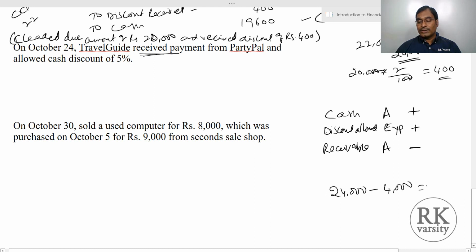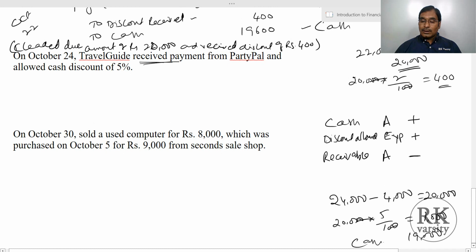So net is 20,000. And on this 20,000, you are allowing a discount of 5%. So 20,000 times 5 by 100 comes to 1,000 rupees. So 1,000 rupees is your discount. So how much cash are you receiving? 20,000 minus 1,000, that is 19,000 is the cash.